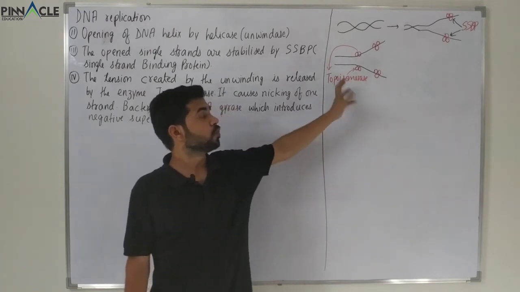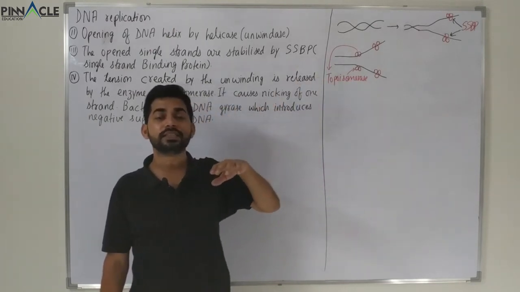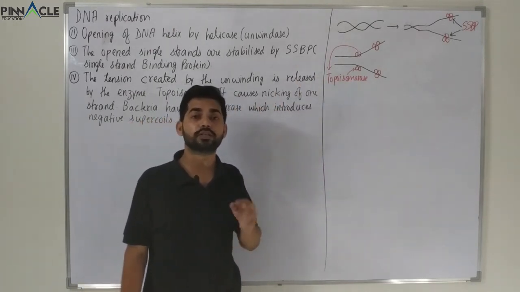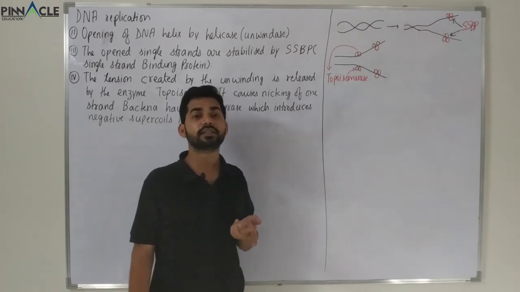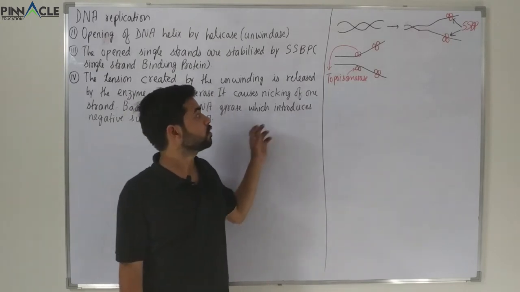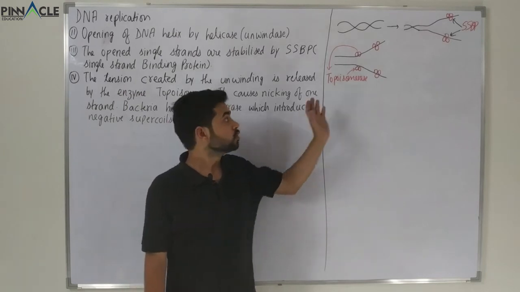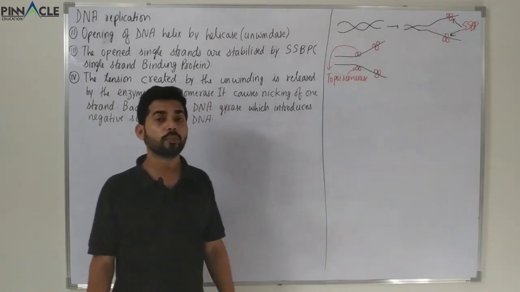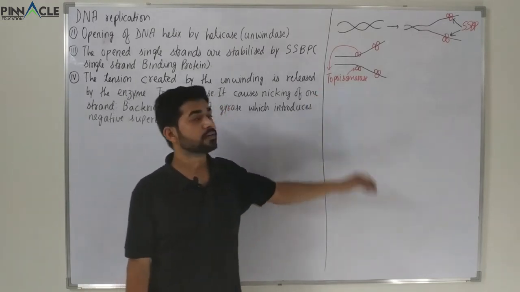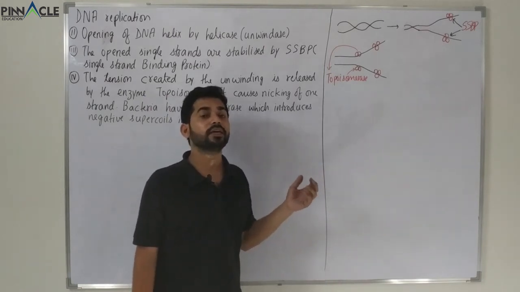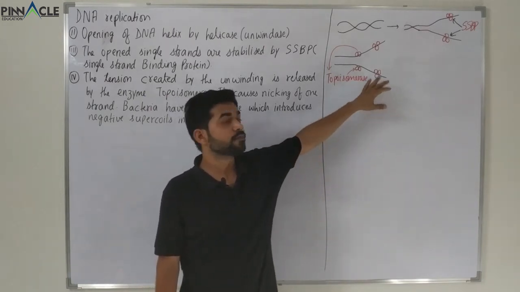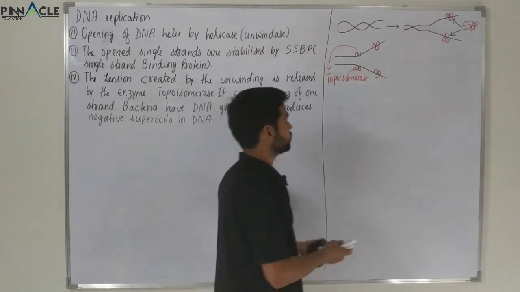When coiling happens, DNA gyrase will introduce negative supercoils, that is, the coiling will occur in the reverse direction. That will really help in releasing the tension. So this is how the strand is opened, and after this comes RNA primase, which will help in formation of RNA primers.